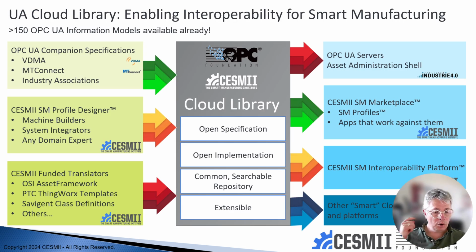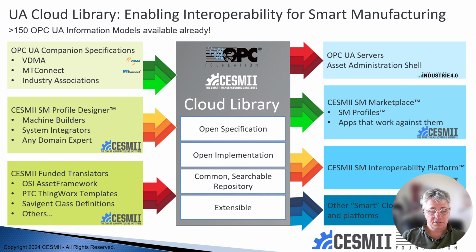So here's a little bit more about the cloud library. As already mentioned, SESMI uses it, but other people are using it too. SESMI has built it directly into their profile designer. So when you're creating a new profile or smart manufacturing profile based on OPC UA, you can load all the existing type information from the cloud library and then extend those types with new parameters or properties or whatnot.